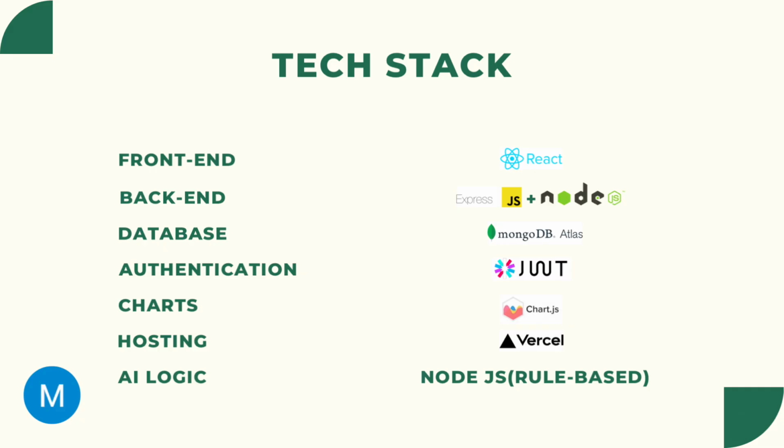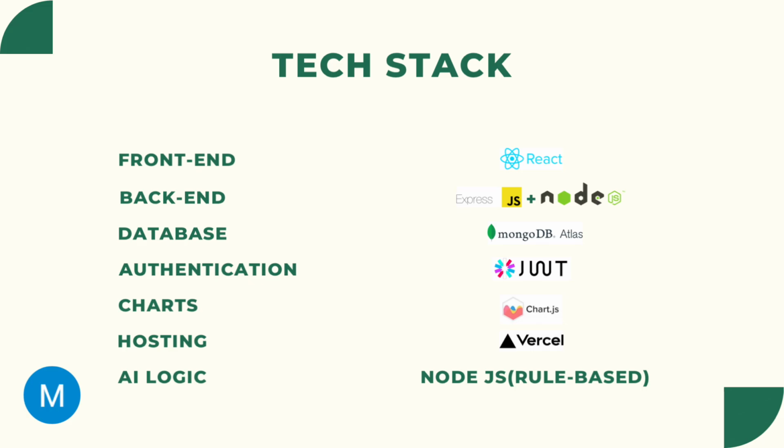Alright, so this is the tech stack for our application. For the front end, we will use React, and for the backend, we will use Express and Node.js combined. For the database, we will use the online database MongoDB, which is MongoDB Atlas.